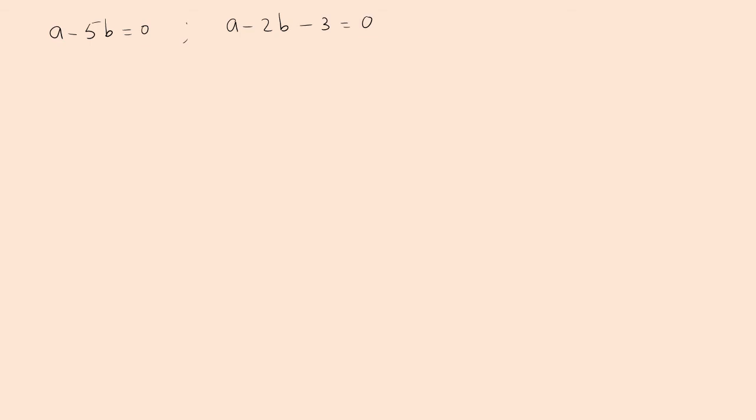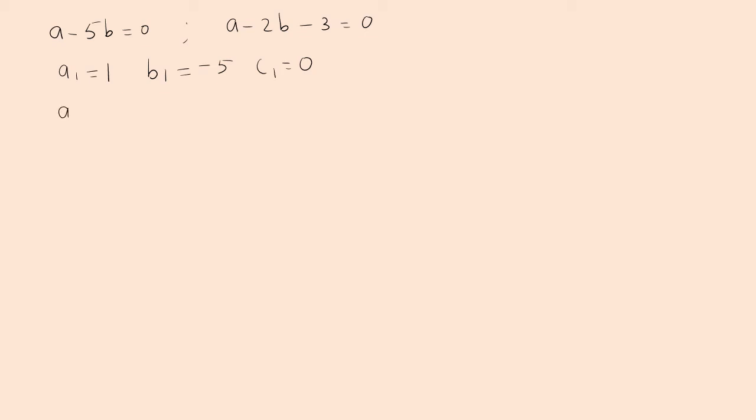Whenever you are doing cross multiplication method, please write the coefficients, that is a1 equal to coefficient of variable a, that is 1, b1 coefficient of the variable b, that is minus 5, and c1 equal to 0.